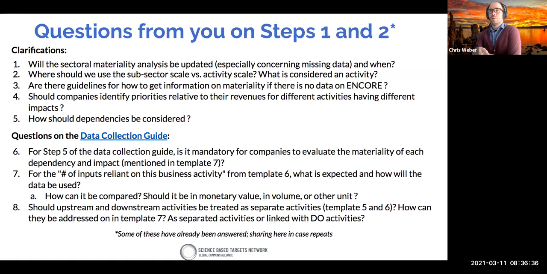If you're familiar with how this works in climate, as part of the validation step when you're setting your science-based target for climate, there's a step to disclose your full greenhouse gas inventory, scope 1, scope 2, scope 3. So we would be expecting something similar for each of the different methods.